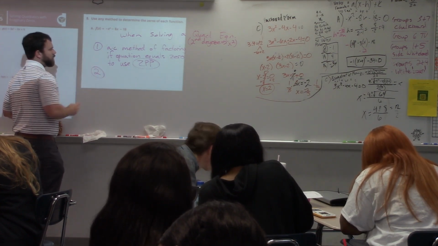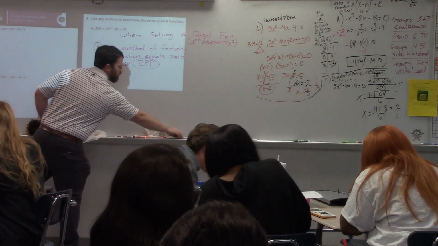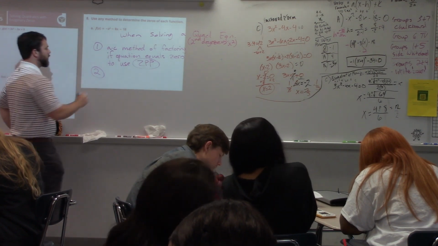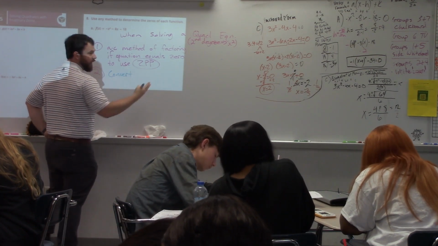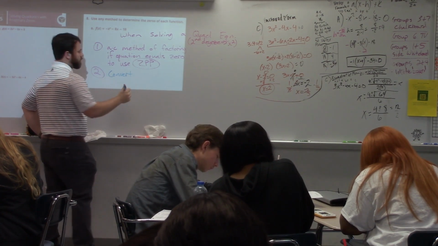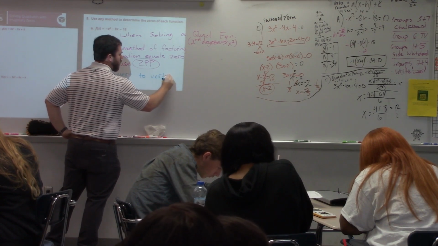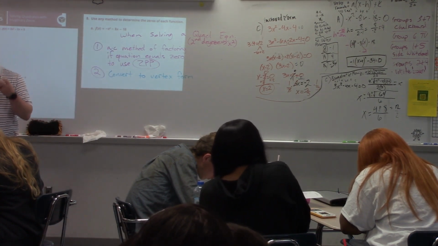2. What other methods do we have available to us? Vertex form. So convert from standard to what? To vertex form. And big picture, what's the first thing that you should write down?